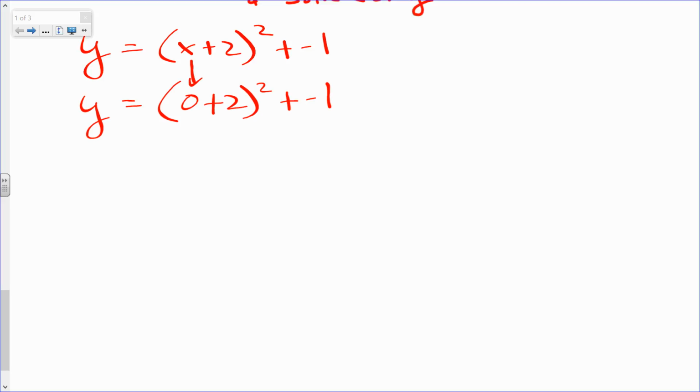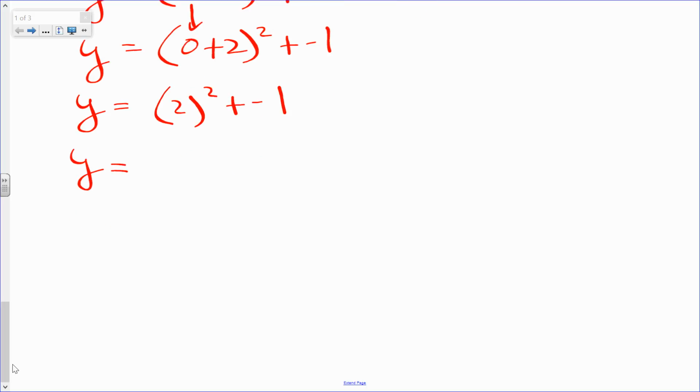Now let's follow Aunt Sally. She says to do what's in parentheses first. 0 plus 2 is 2. Let's keep following Aunt Sally. Exponents now. 2 to the second power. 4. 4 plus negative 1. 3.